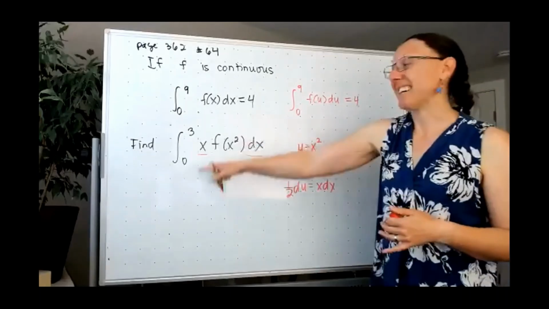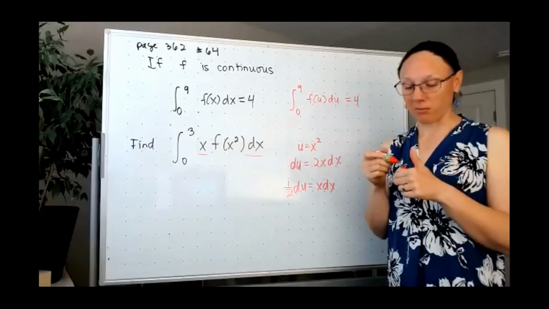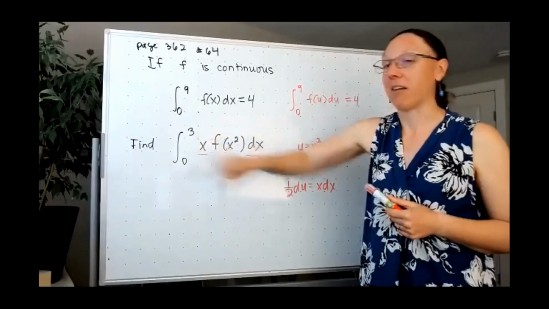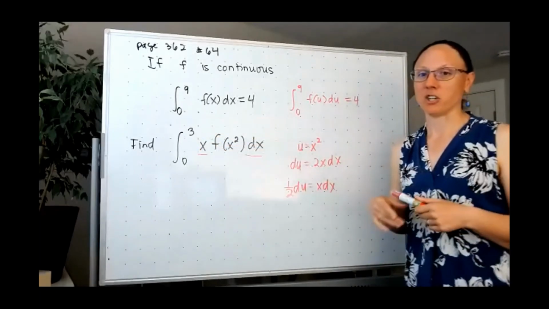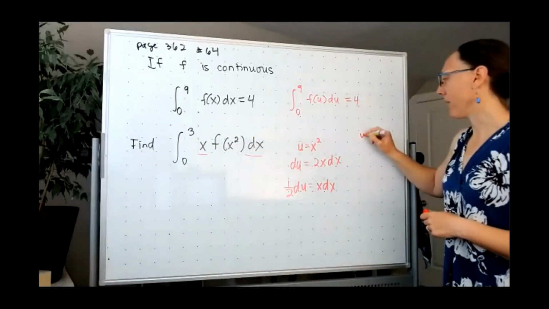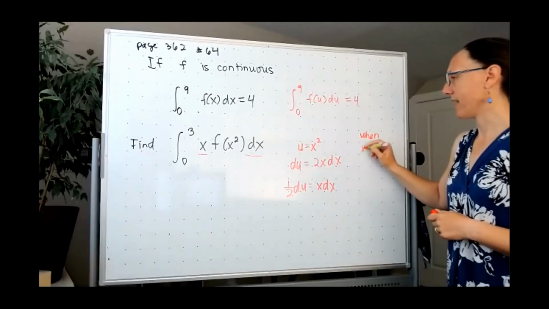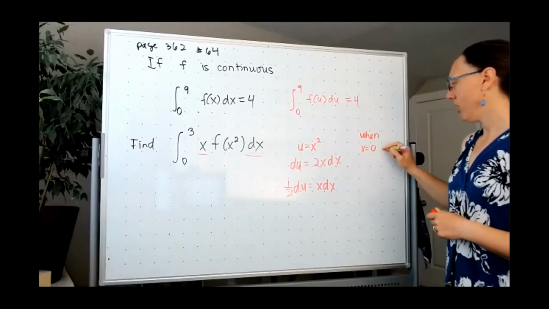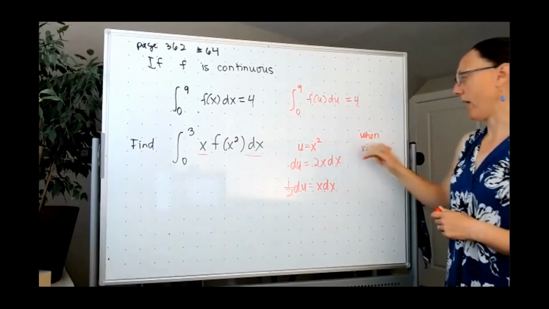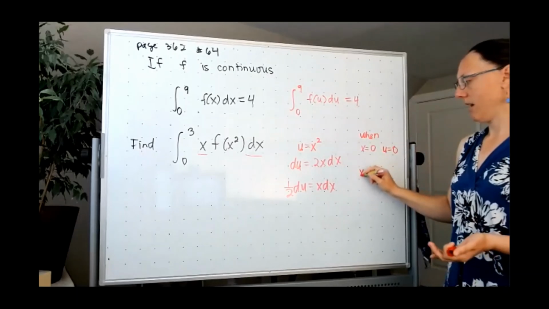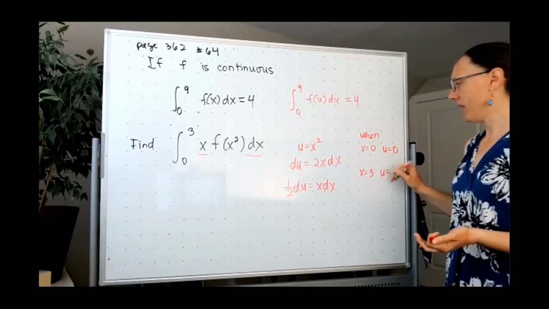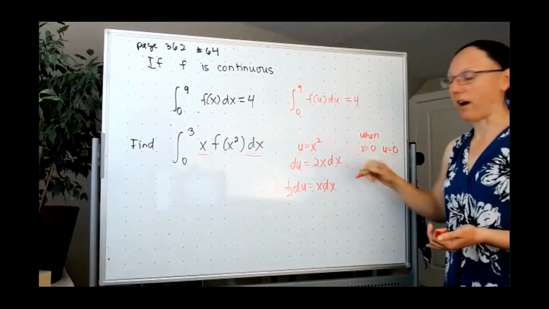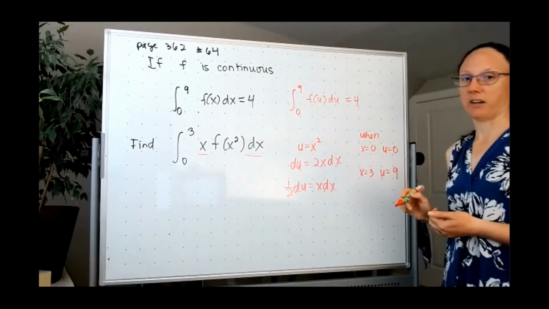And anytime I'm doing a u substitution and I have limits of integration, I'm going to change them. When x equals 0, u is equal to 0 squared, or 0. And when x is equal to 3, u would be equal to 3 squared, which is 9.